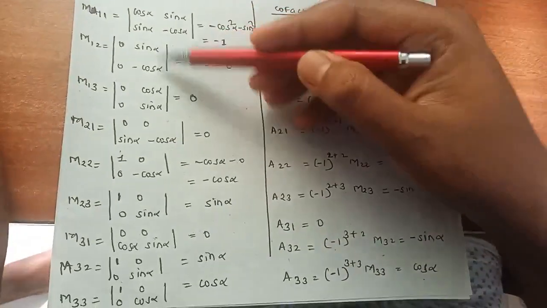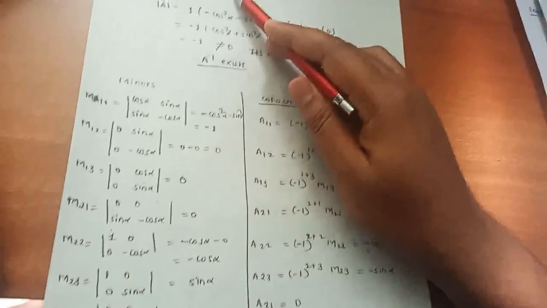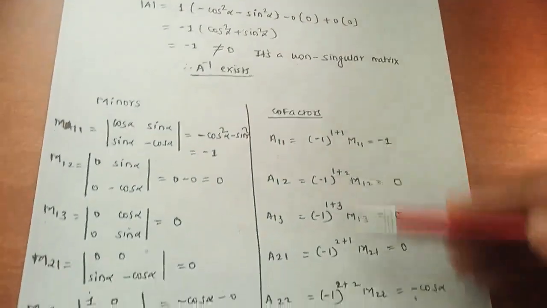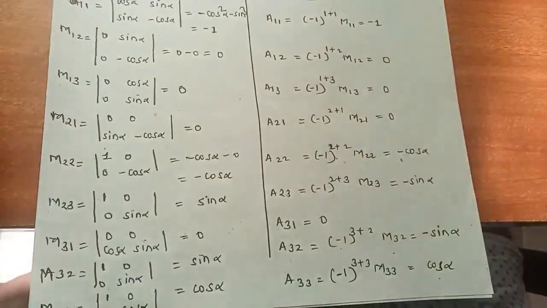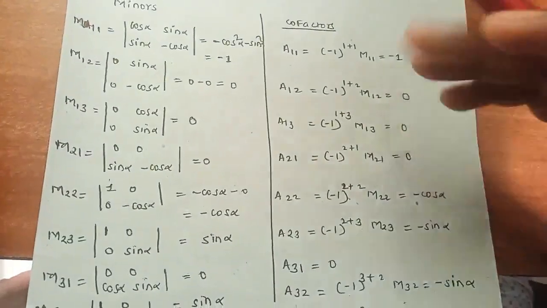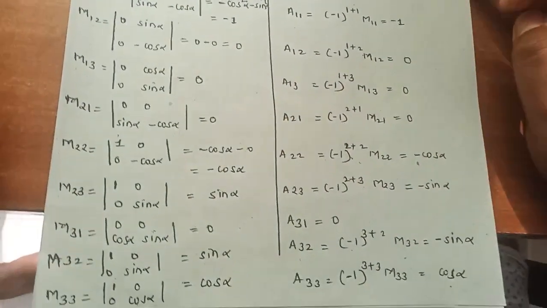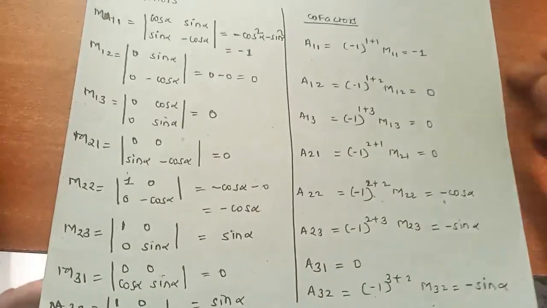Similar thing, we have to find the minor of each element which is present in the matrix, and again we have to find the cofactors of each element as we discussed in the previous slide. So find the minors and cofactors. Once you get the minors and cofactors, the next step is we have to find the matrix of all the cofactor elements.